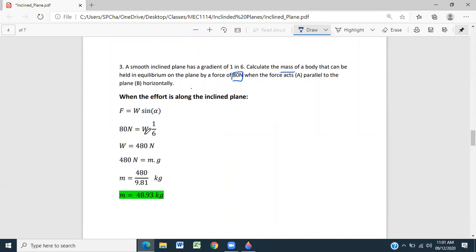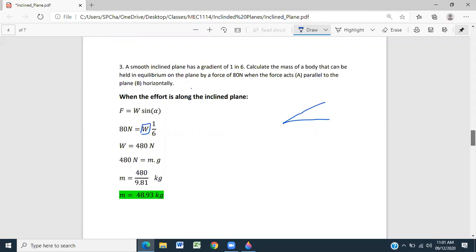We want to find, if we have this fixed force, and we move this fixed force from pulling parallel to pulling horizontal, does it affect how much weight, or how heavy an object, we can hold or pull? I understand. Yeah. So the mass should change because the way we're applying the force is changing.